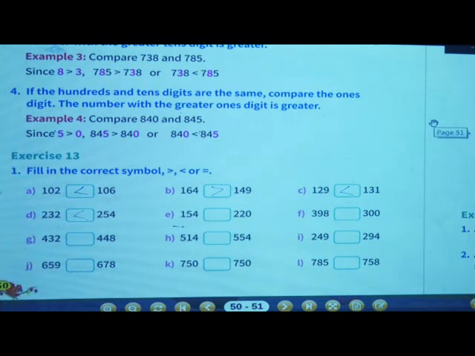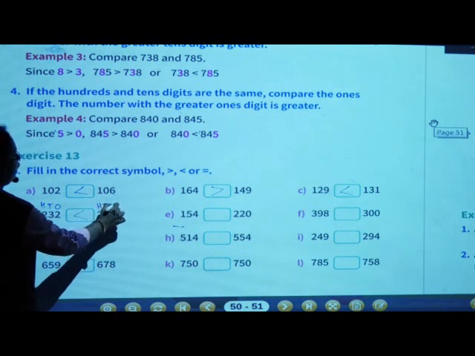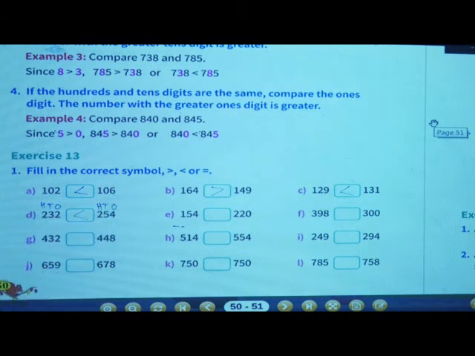As I told you, how are we going to identify this sign? We should see first hundreds, tens, ones. In this way you can understand how to identify the greater and smaller.